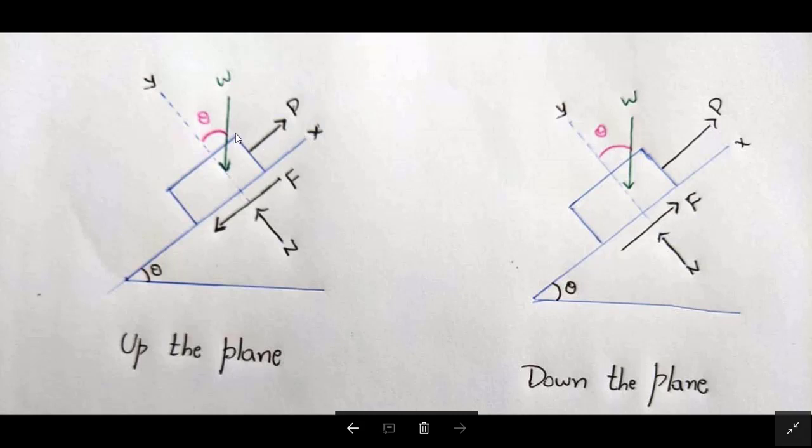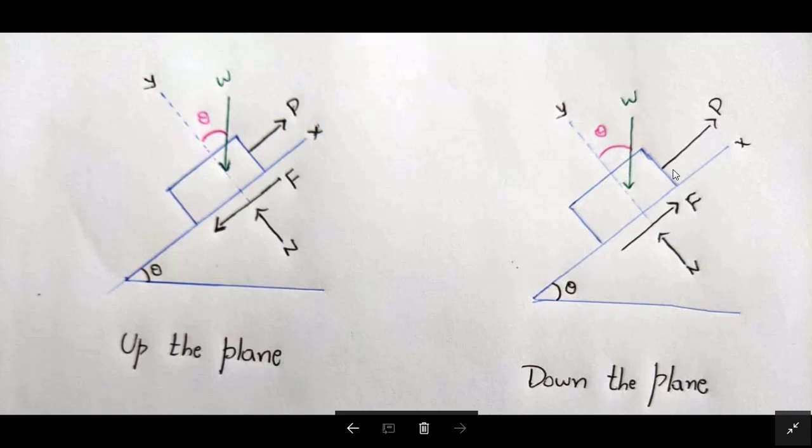Here we have a block of self weight W and a force P is being applied. As it tends to move, that is impending motion up the plane, in the upward direction, the frictional force will be acting in the downward direction. Now the second case is impending motion down the plane. That means the block tends to move in the downward direction.